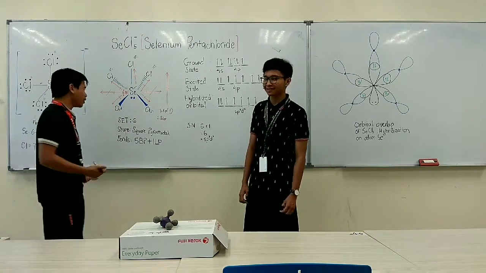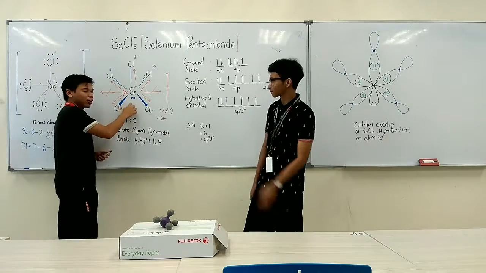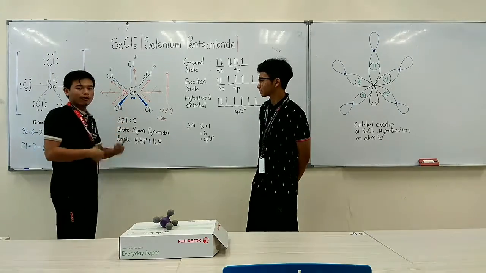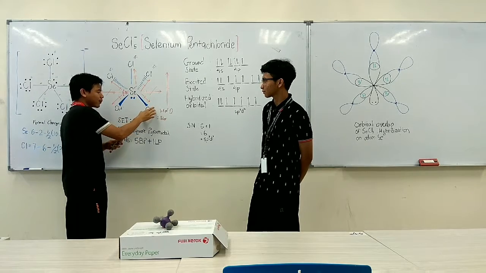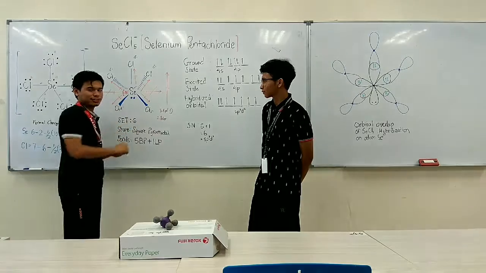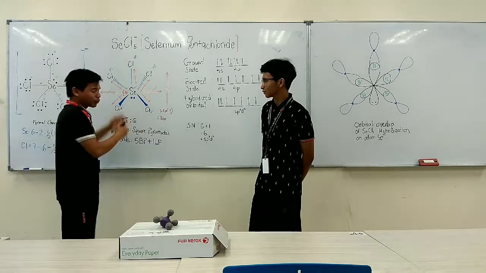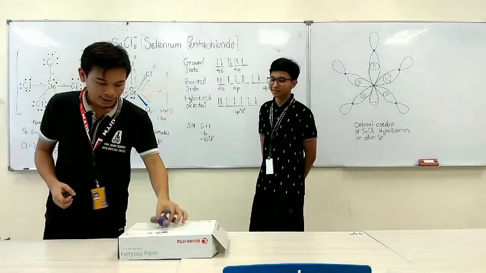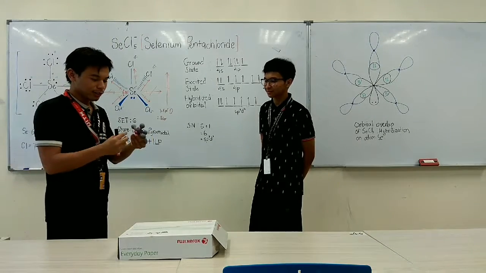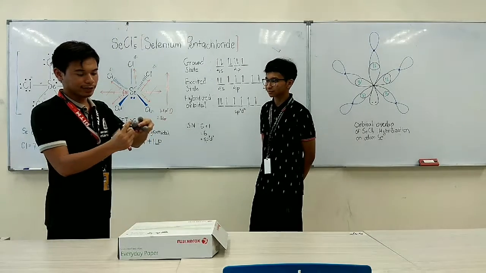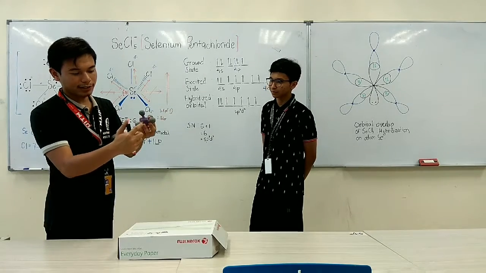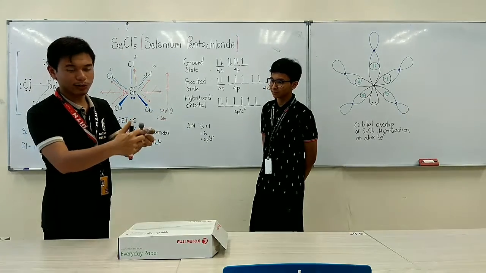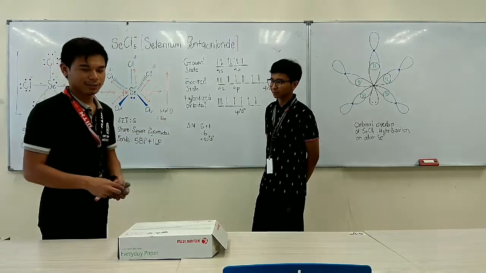Why is this so? Because this lone pair takes more space than the bond of Cl does. So it will repel this Cl atom away, and it makes the angle between this bond and this bond less than 90.